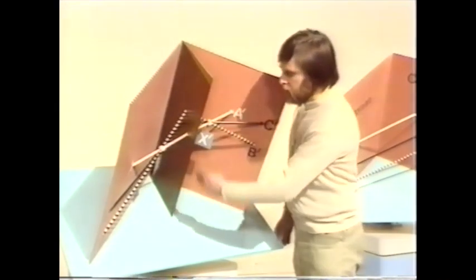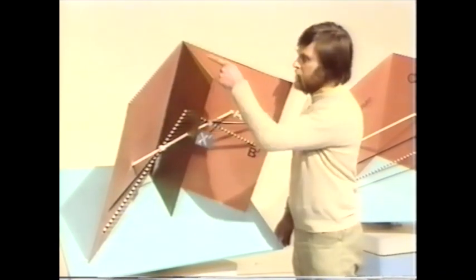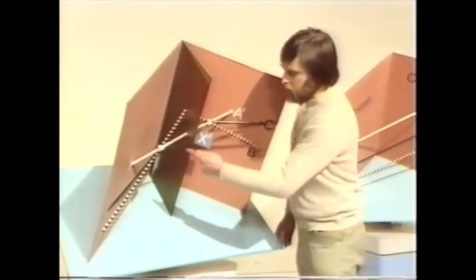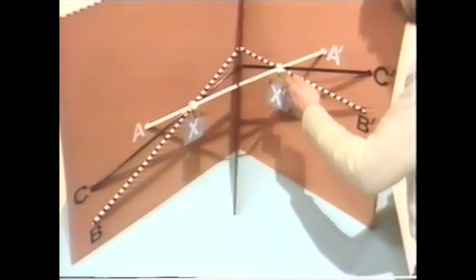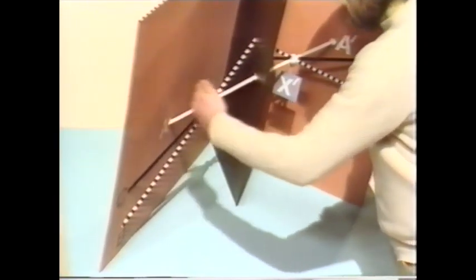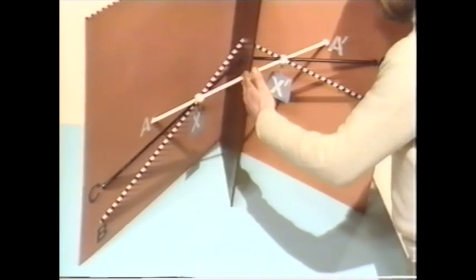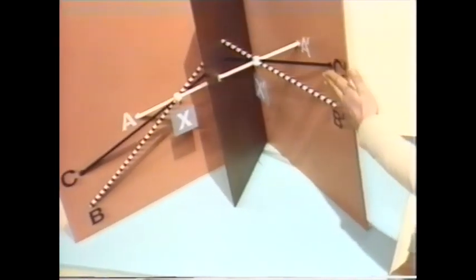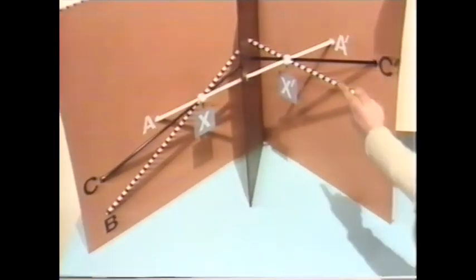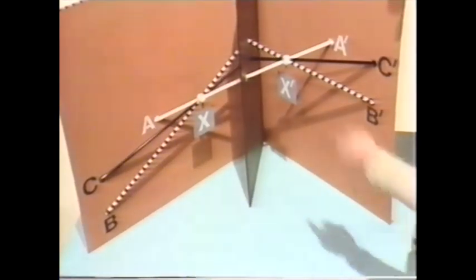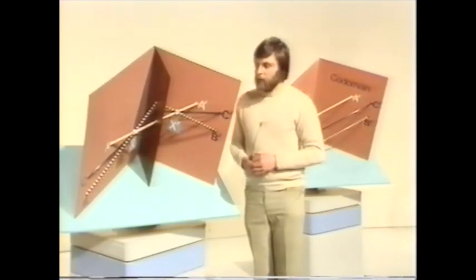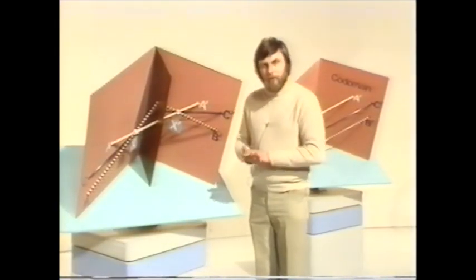Now, I've chosen an intermediate plane here, and this plane passes through the intersection of the domain and the codomain, and 2 points, x and x dashed. First we project through x to the intermediate plane, and then on through x dashed to the codomain. And I can choose x and x dashed in such a way that the sequence of two perspectivities reproduces our original parallel projection. Now, why is that possible?